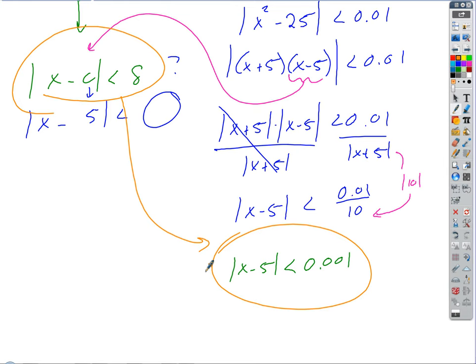So if we want the y value to be within 0.01 of our limit, the x value has to be within 0.001 of c. Okay? All right, so questions on that?